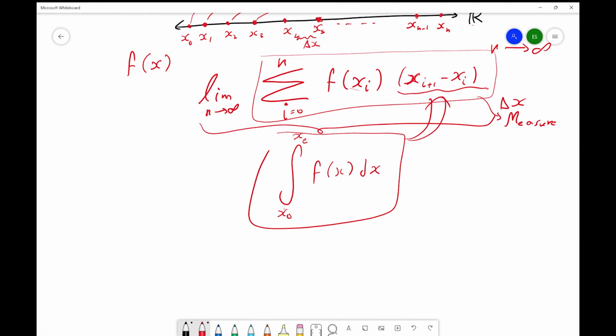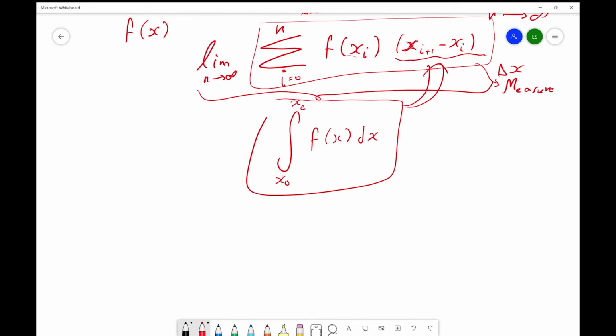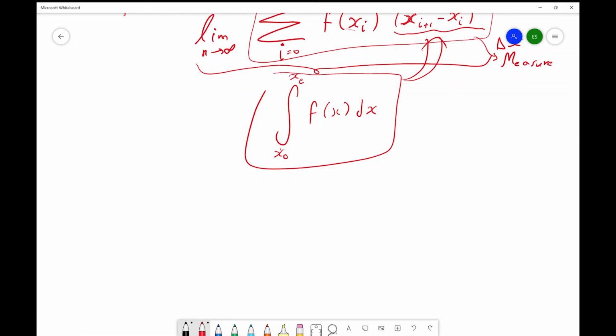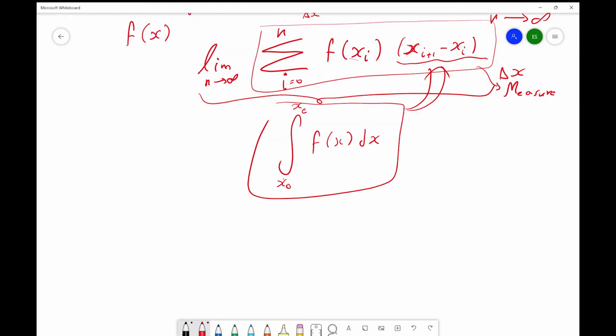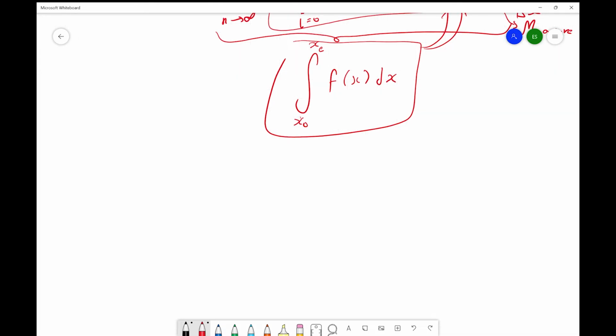This is integration. How does this lead to differentiation? How can this understanding of integration directly lead to differentiation? Let's say you're integrating on the real line. So this is the real line again. You're going from x0 to xe.